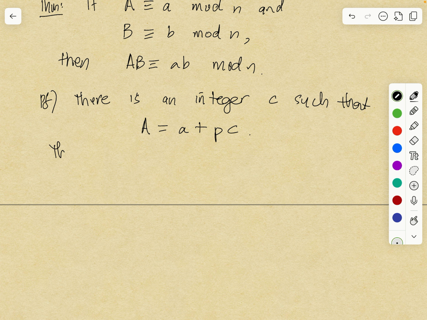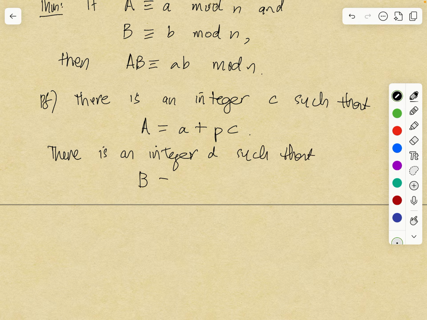And since capital B is congruent to little b mod n, there is an integer d such that capital B is little b plus nd.